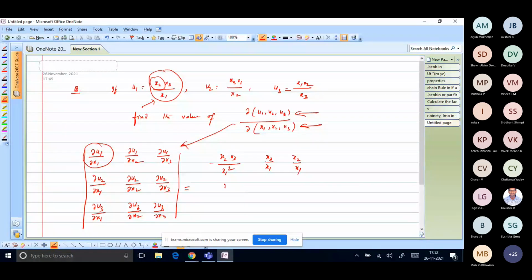So x3 upon x2 minus x3 upon x1 upon x2 square, and then x1 by x2. And in the final row, x2 upon x3, x1 upon x3, and minus x1 x2 upon x3 square. So you have to find the value of this.